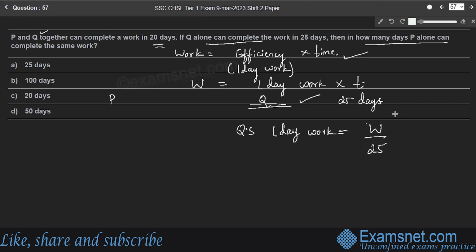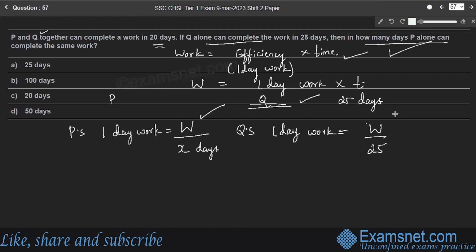So let us consider P's 1 day work. It is total work done by P by number of days taken by P. So that we need to calculate. Let X days be the number of days taken by P to complete W amount of work.